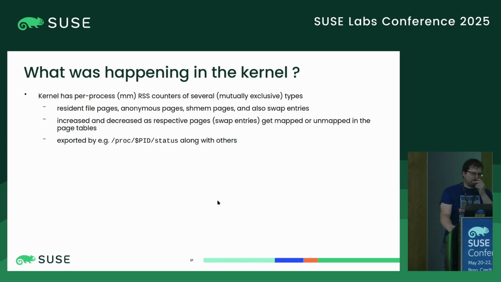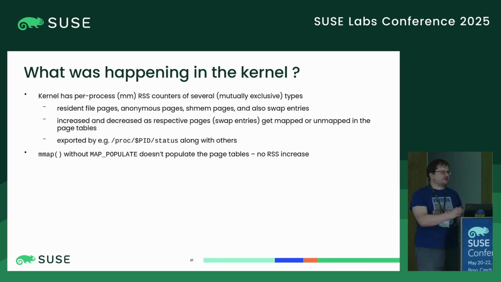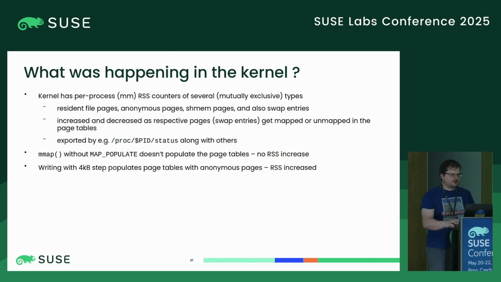So what was happening behind the scenes here is that the kernel has counters for each process that count this RSS, the pages that are populated in the page tables. And it's exported somewhere so that tools like PS can read that and show it to you. And if we mmap and don't use the map populate flag, it doesn't actually populate the memory.